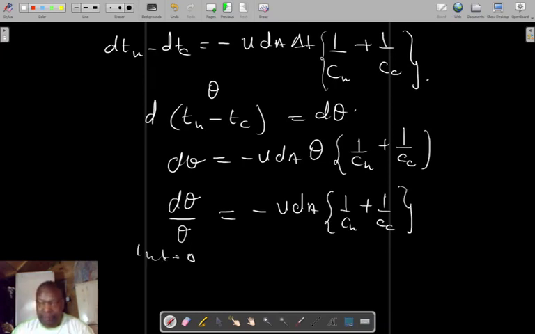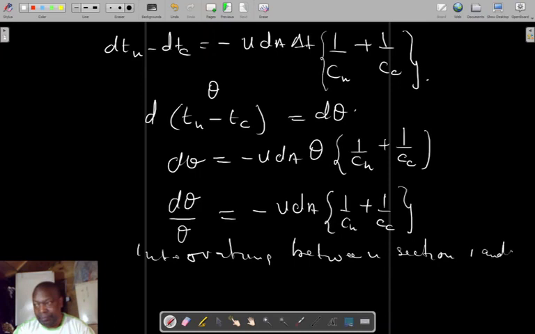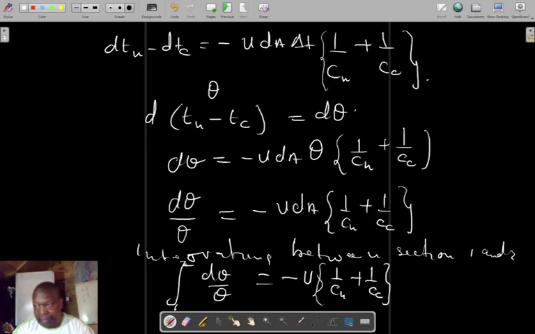Integrating the expression between section 1 and 2, we'll have the integral from 1 to 2 of d theta over theta is equal to minus U into bracket 1 over CH plus 1 over CC, all of that is a constant, times the integral of dA from 1 to 2.